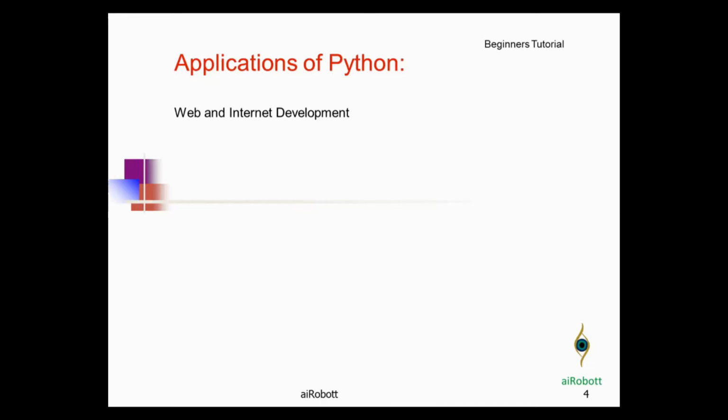It is extensively used in web and internet development also. The frameworks like Django, Pyramid, Flask. These are all web development frameworks. So these are all applications of Python also.